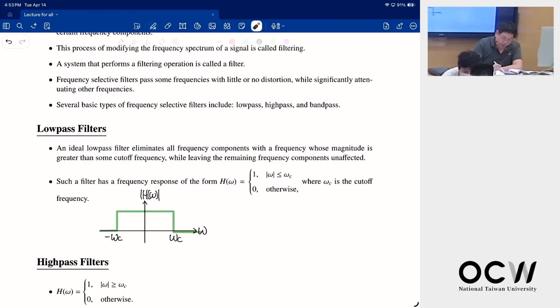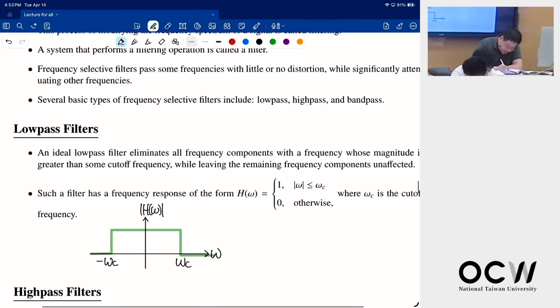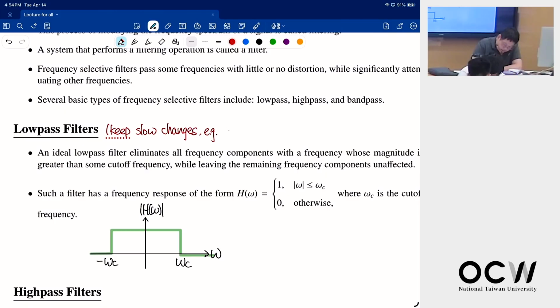I only preserve the frequencies in this region. For the low pass filter, I can smooth the signals. So this can keep the slow changes, to smooth the signal.